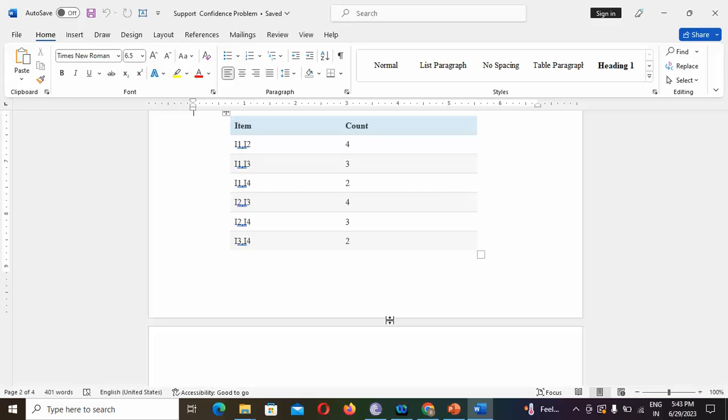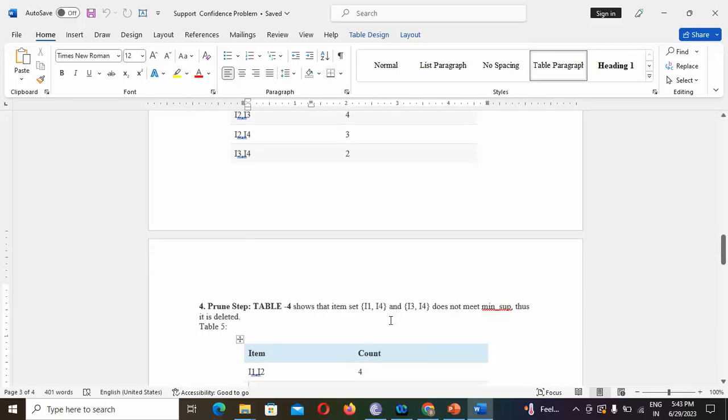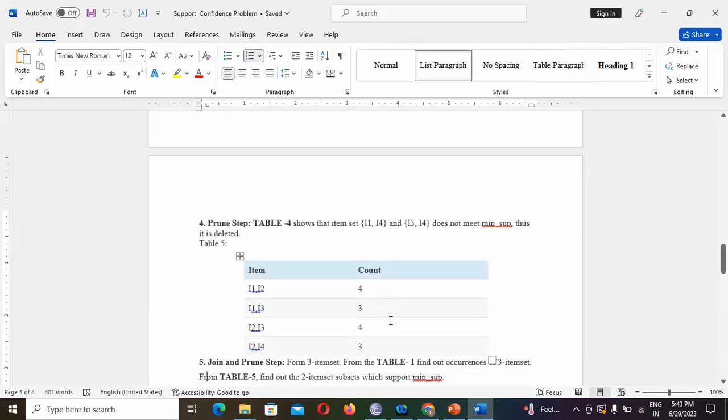I1, I4 has the count 2 and I3, I4 has the count 2, which is less than the minimum support value. Therefore we are going to prune those items from the given transactions. After pruning, the table will be: I1, I2 for 4 times, I1, I3 for 3 times, I2, I3 for 4 times, and I2, I4 for 3 times.